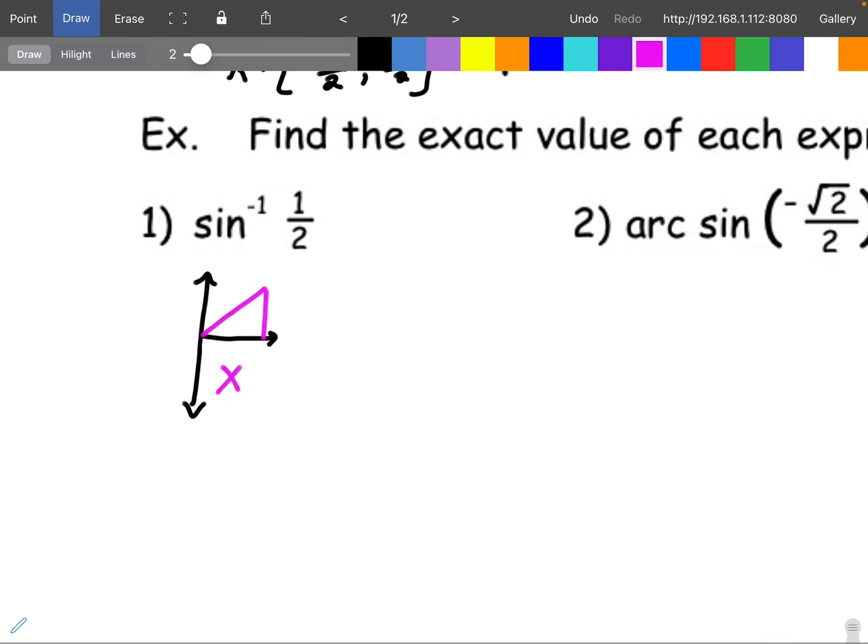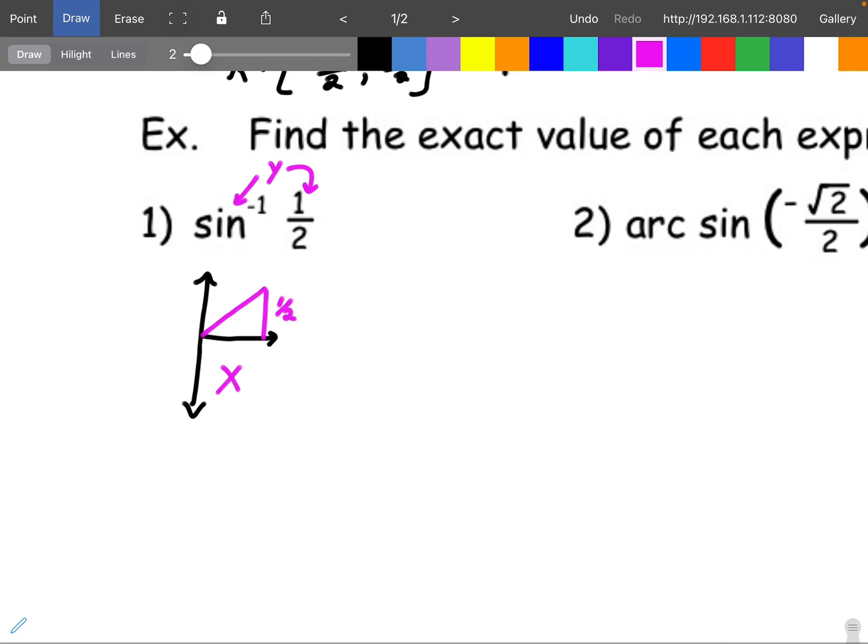I'm going to go ahead and draw myself a reference triangle. Now, it doesn't have to be perfect, because we're going to fill in our numbers and figure out what everything needs to be. Now, sine, remember, is y, which tells me this is going to be the y value. And 1/2 is one of the possible y values from my unit circle, which is great. That makes my life easy.